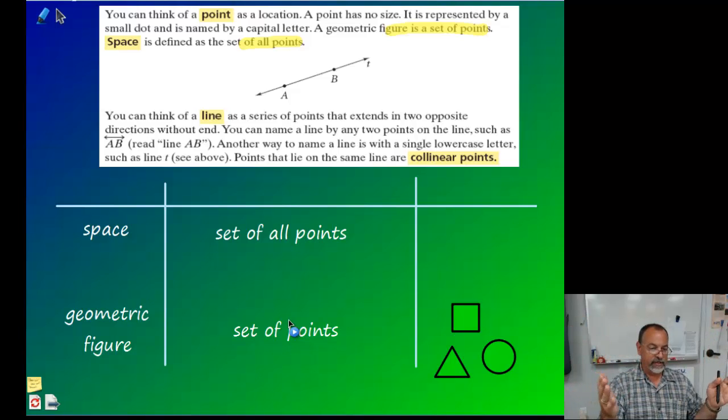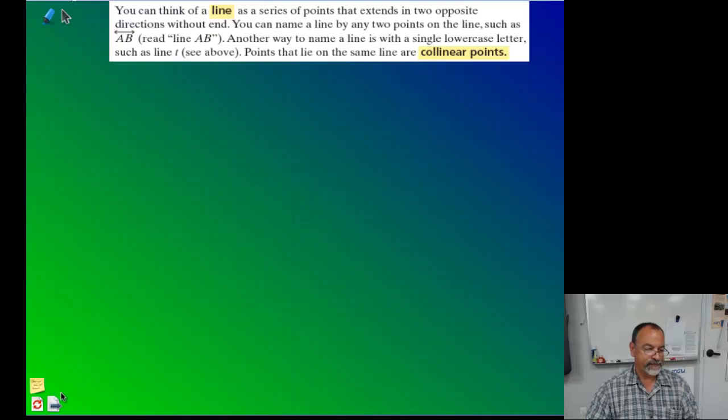So space is all the points. I just want to talk about these points right here. I might be talking about a square. All the points that are in this location right here, they make up a square. All the points in this location, out of all the points of space, make a triangle. These make a circle. All right? So there you have the definition of space and a geometric figure.